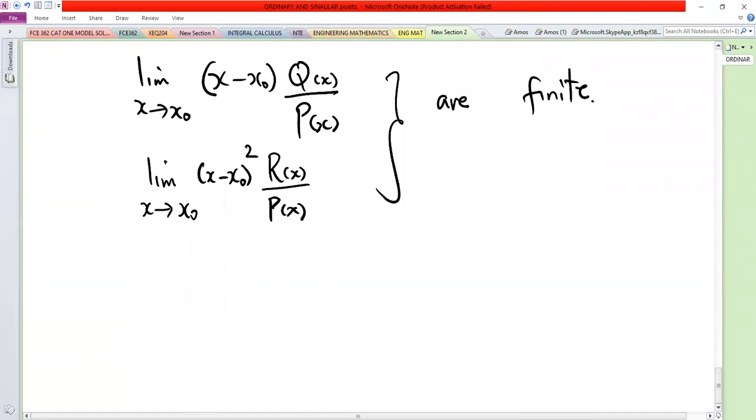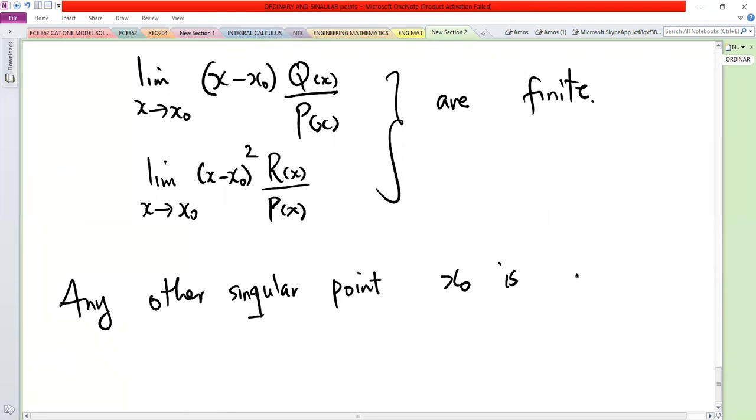So a quick example. Any other singular point X naught is an irregular singular point.